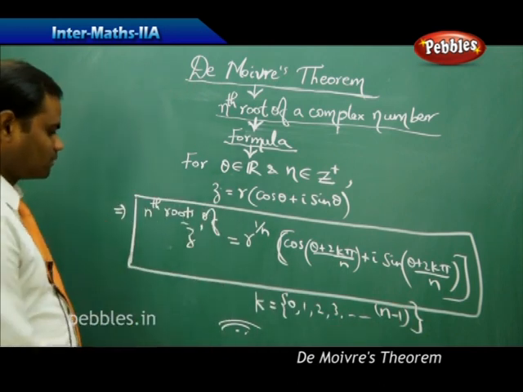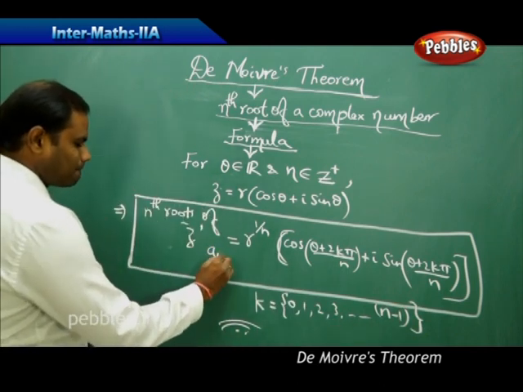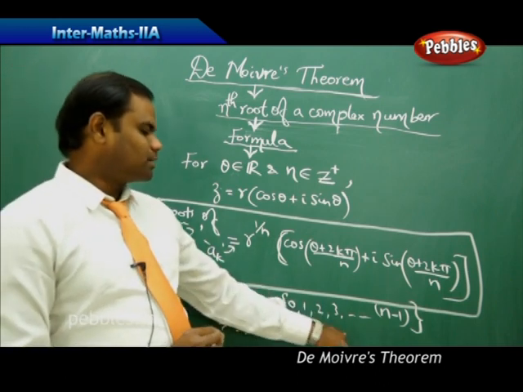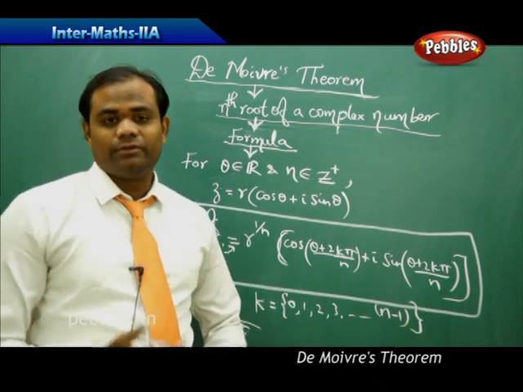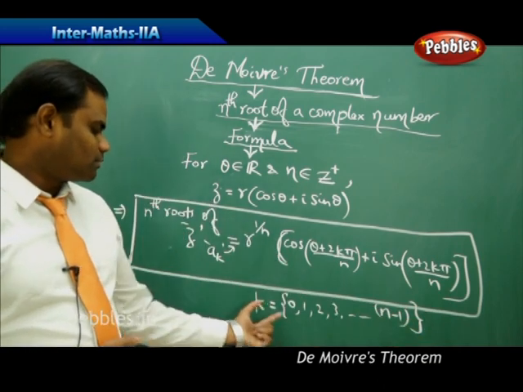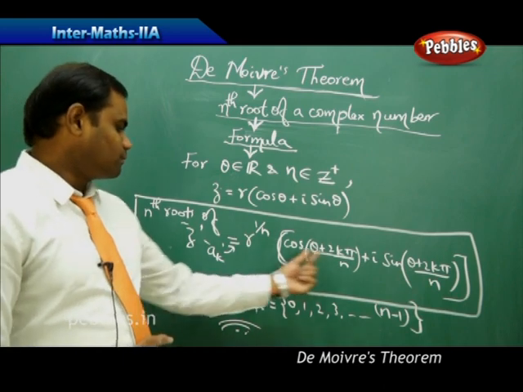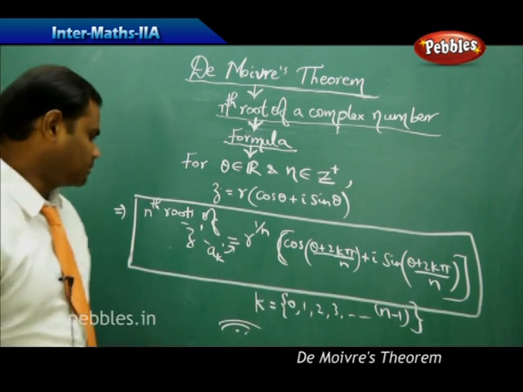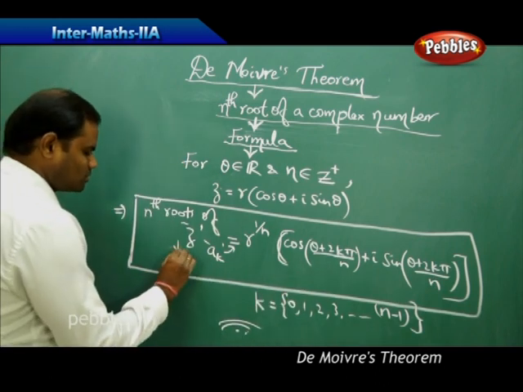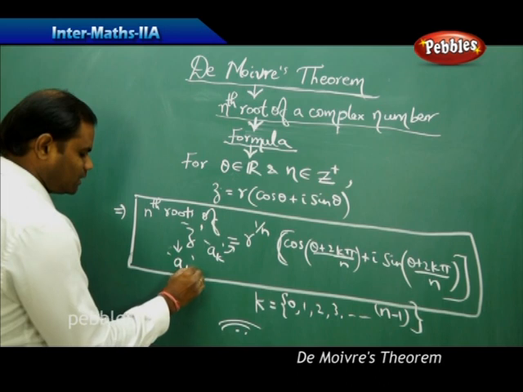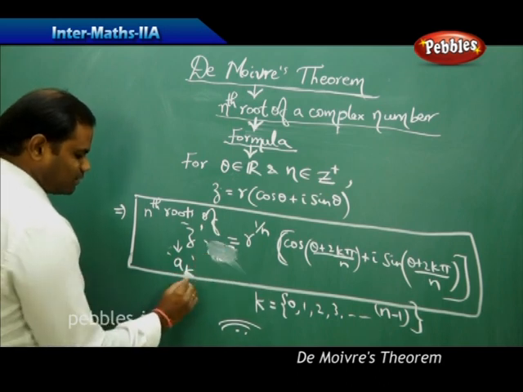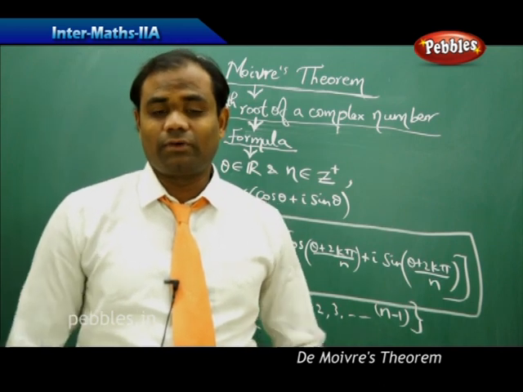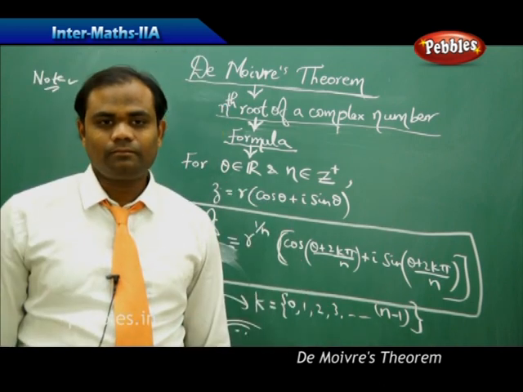Each of these is denoted by a_k, given by a0, a1, a2, a3 till a_(n minus 1), which are nth roots depending on each k. Each k defines a complex number with respect to the k substituted here. So this is denoted with a_k and k running from 0 to n minus 1, the nth roots of a complex number z.